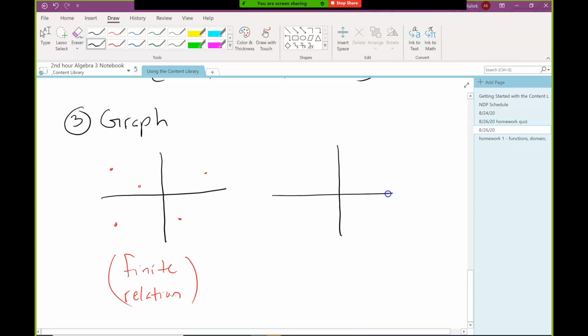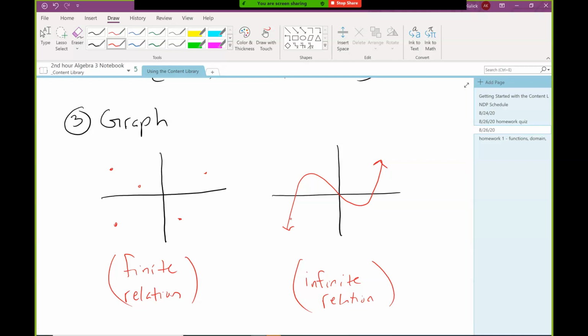However, if our relation is infinite, our graph is going to have like a curve or a line segment or something on it. Remember from your geometry class last year that even a line segment contains infinitely many points.